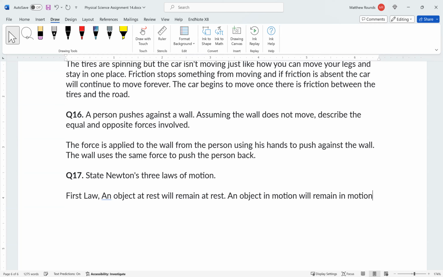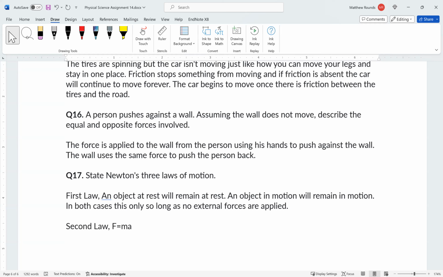This one's a little bit harder because things that are in motion tend to not remain in motion. But in both cases, this is only so long as no external forces are applied. And that's the reason why you slow down when you're doing anything, because eventually there are other forces present. Is that clear? Yeah.